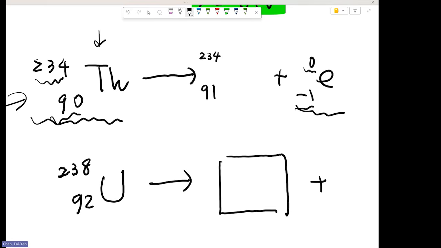Where's 91? This one, so you should put Pa over there. Then you get the correct species, the new atom, and then you provide an answer to that specific statement. Is that clear? Everybody follow this? It's very important. We're going to do some more practice today.